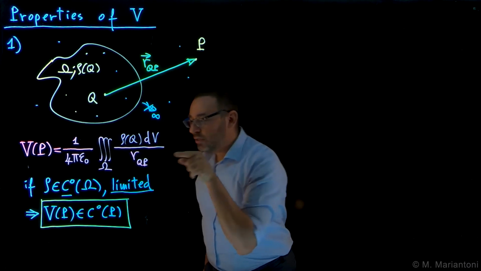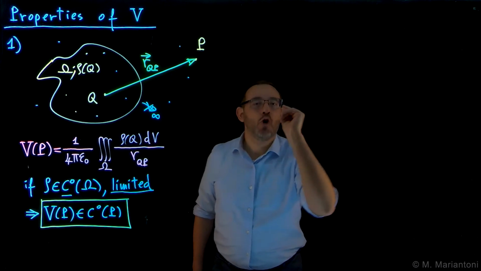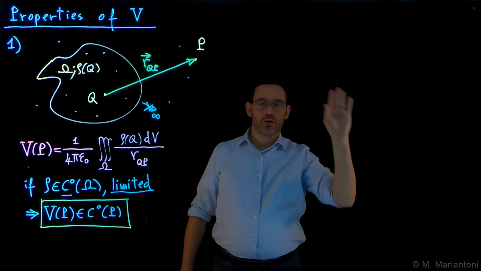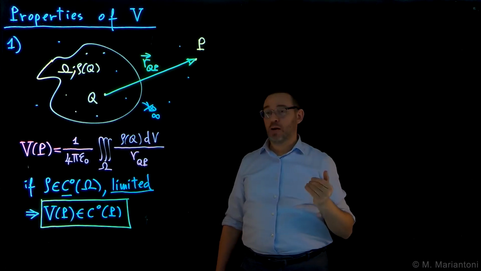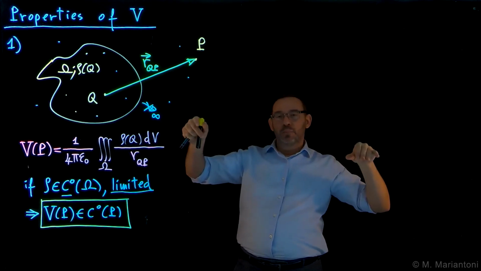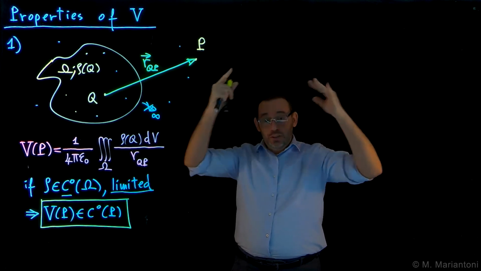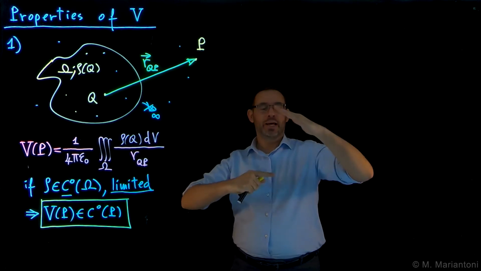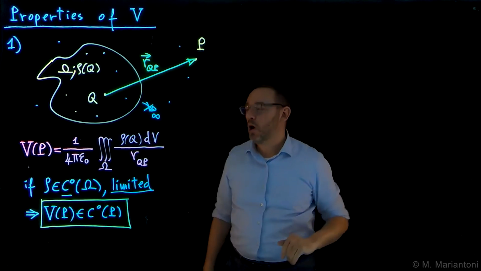In that same case, the electrostatic potential remains continuous. It's always continuous. Don't forget that when you solve problems. When you need to stitch up V's for different regions of space, you need to stitch them up in a continuous fashion. If you see a gap in V, something went wrong in your problem.